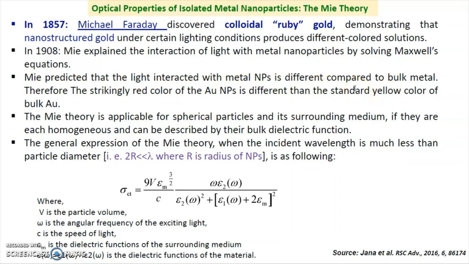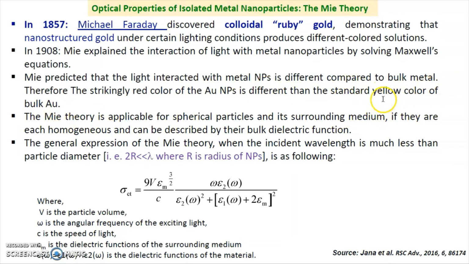Mie predicted that the light interacts with a metal nanoparticle differently, not in the same way as we studied in the case of bulk metal. This is the reason that the strikingly red color of the gold nanoparticle is different from the standard yellow color of bulk gold.